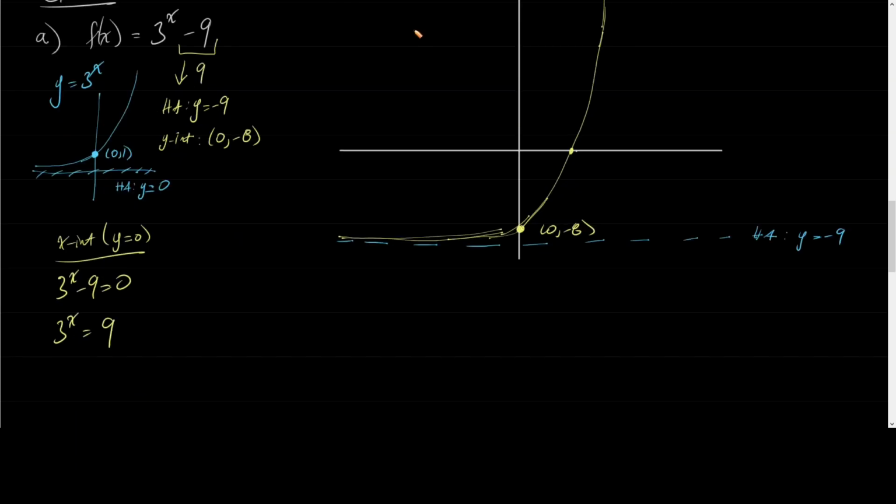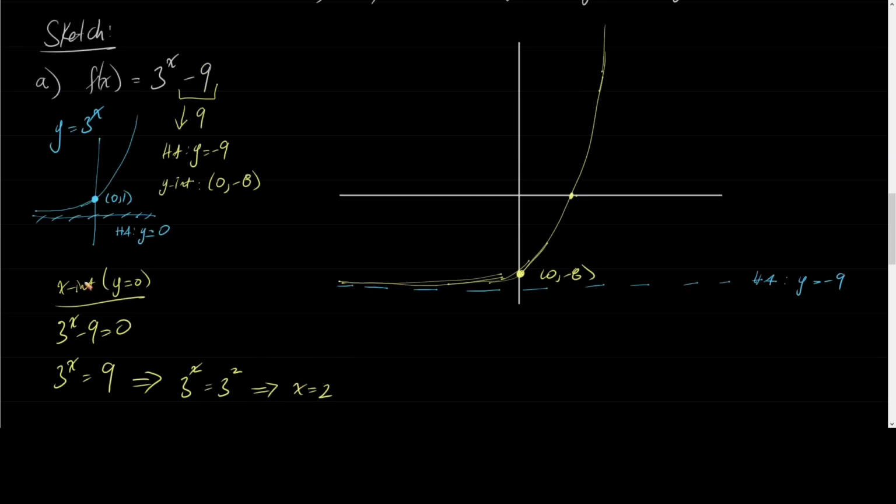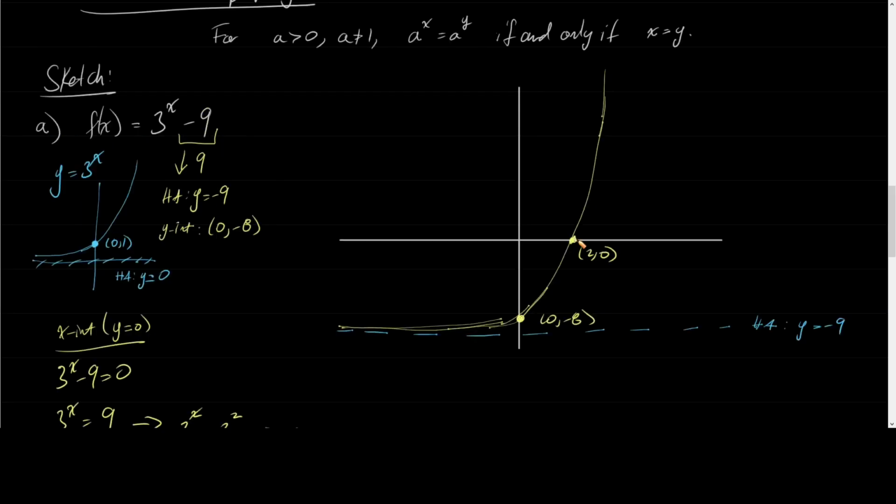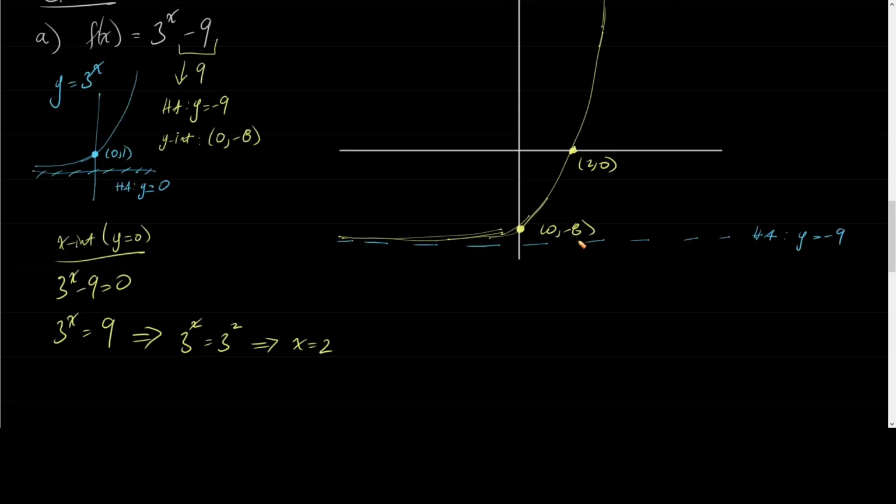How does that help here? Well, we can rewrite this as 3 to the x is equal to 3 squared, because 9 is just 3 squared, which then tells us that x is equal to 2. So what we found here is that our x-intercept is the point 2, 0. So that's this point right here, 2, 0. And there you go. We did this by transformations and also by just knowing some facts about our intercepts.